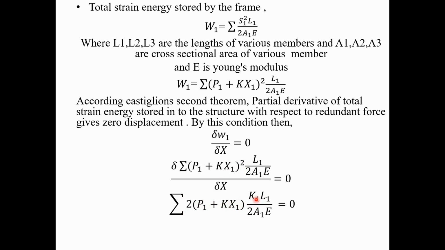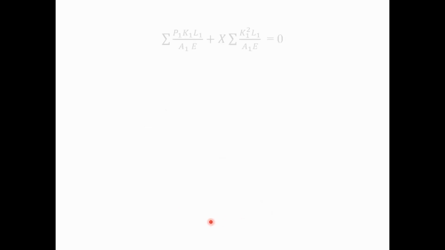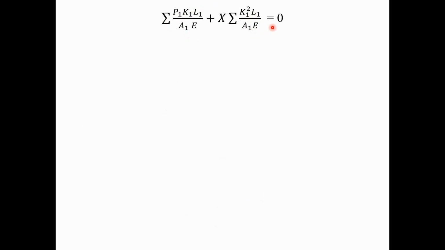So we take K1 outside: K1 into L1 divided by 2A1E is equal to 0. This is the differentiation of W1 with respect to the redundant force. The 2s get cancelled, and multiplying inside the bracket, we get summation P1 K1 L1 divided by A1E plus x summation K1 square L1 upon A1E is equal to 0.